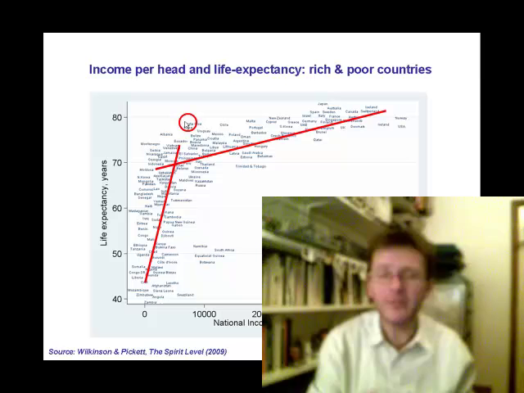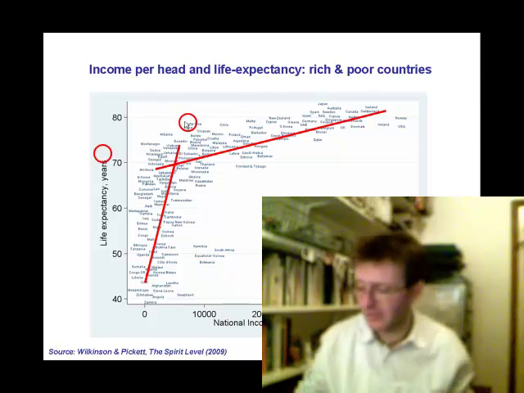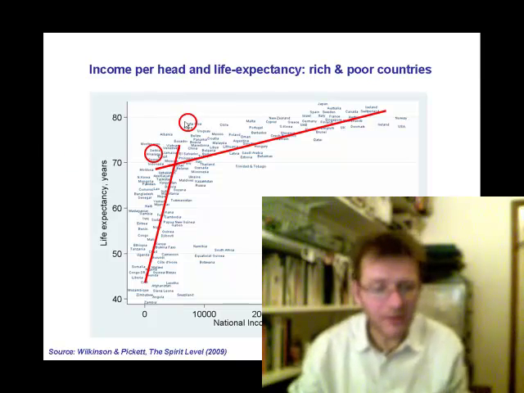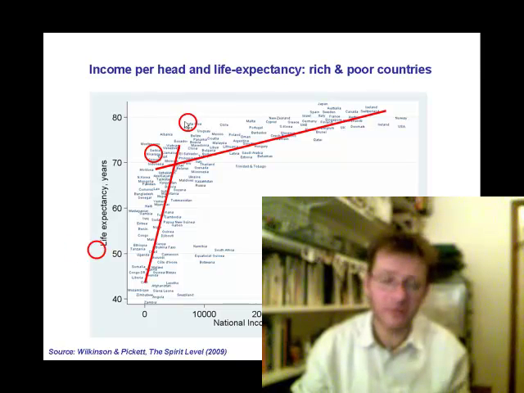In other words, something's happening in those countries to make people healthy. It's not just income. There must be other things going on. Government policies, the distribution of wealth. Similarly, Nicaragua, we could take that as another example of achieving better health than we would expect.